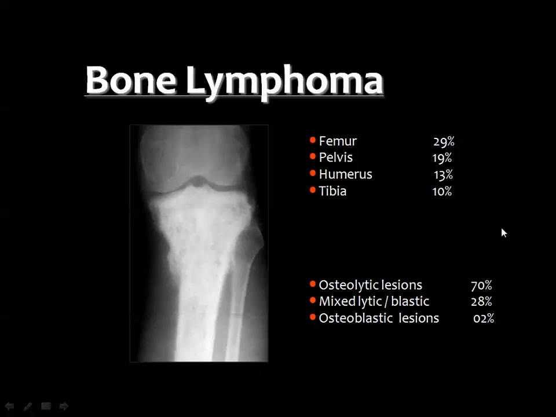These are the frequent bones involved by lymphoma, including the femur, the pelvis, the humerus, and the tibia.